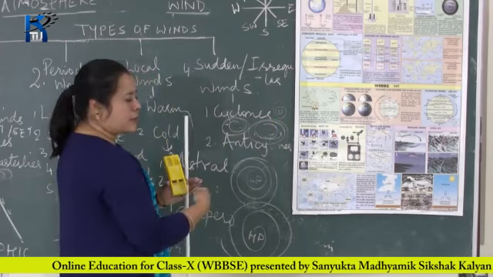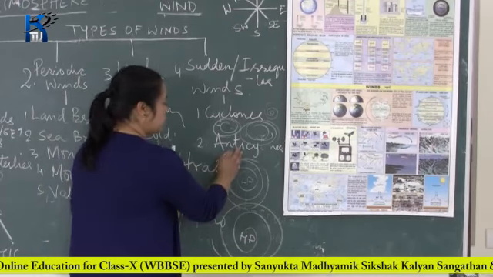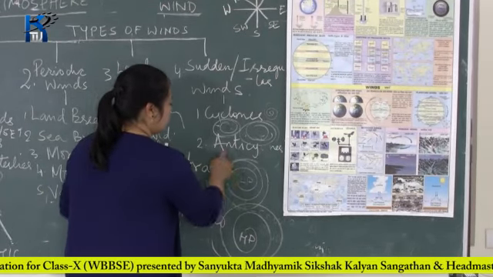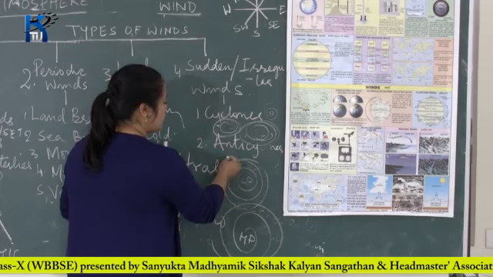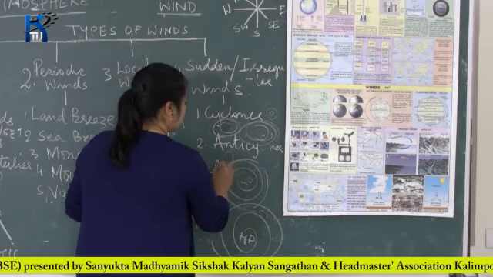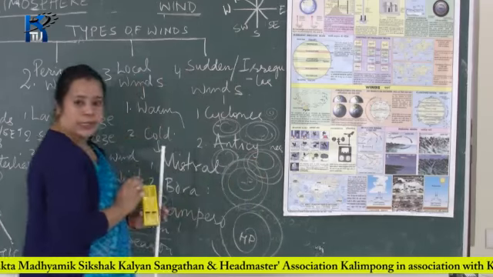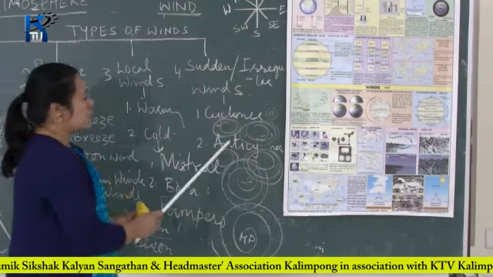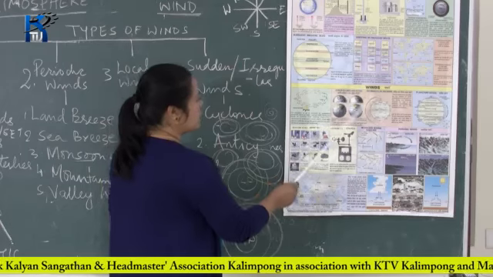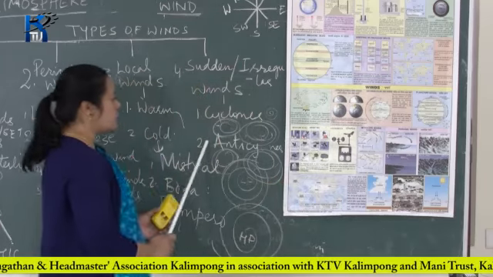Just the opposite is the anticyclone. In the northern hemisphere, anticyclones move clockwise, and in the southern hemisphere anti-clockwise. This is because of the deflection, that is, because of the Coriolis force.